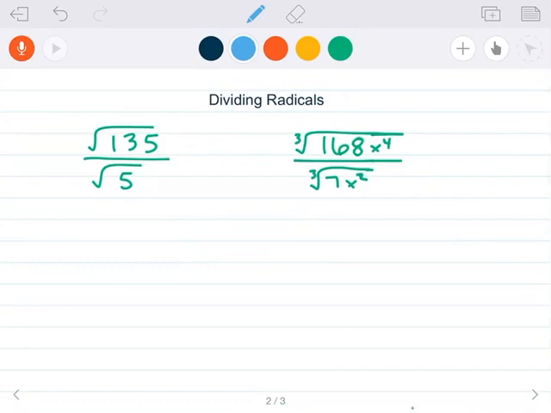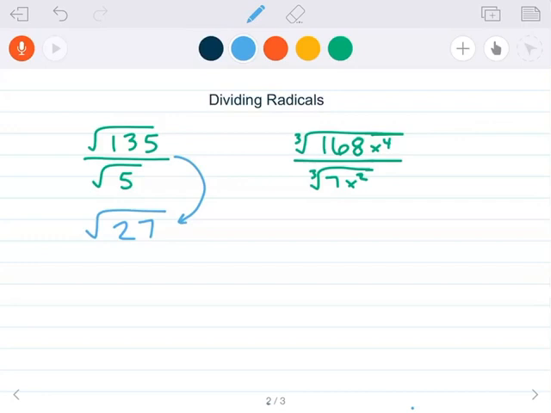All right, when it comes to dividing, so very similar to multiplying, I'm going to divide it out first. So I'm going to take my 135 divided by 5, which ends up being 27. So just by dividing, now I have this, and then I would need to worry about seeing if I can simplify.